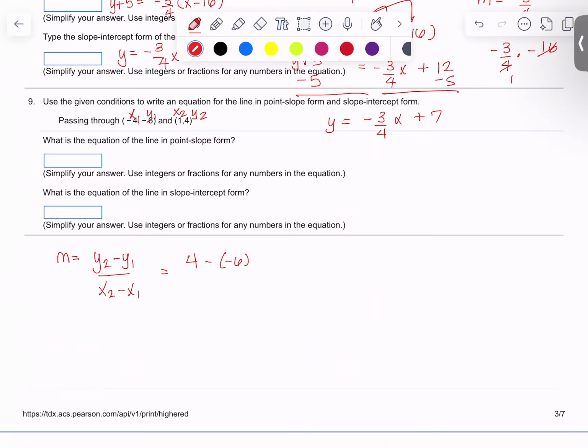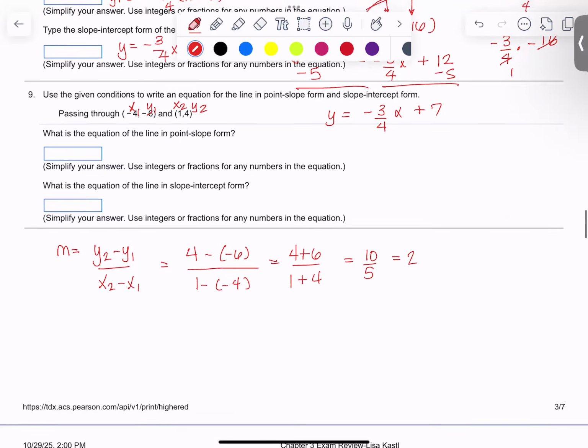Couldn't read it because I wrote over the top of it. But y1 is -6. And then the difference in the x's, 1 minus a -4. So that's going to be 4 plus 6 over 1 plus 4, which is 10 over 5. 10 divided by 5 is 2. So the slope is 2.